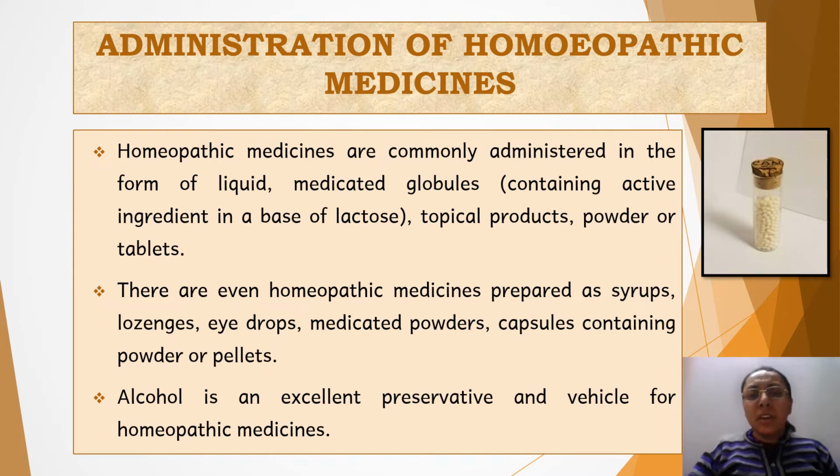Homeopathic medicines are commonly administered in the form of liquid, medicinal globules, topical products, powder or tablets. There are even homeopathic medicines prepared as syrups, lozenges, eye drops, medicated powders, capsules, etc. Alcohol is an excellent preservative and vehicle for homeopathic medicines.